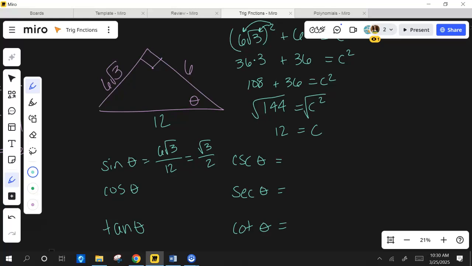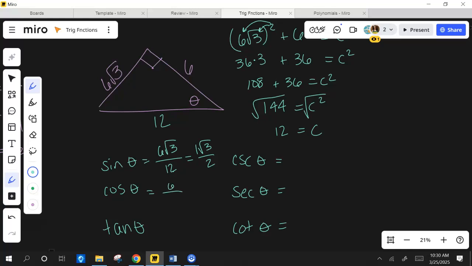Right. How about the cosine of theta? 6 divided by 12 is 1 over 2. Divide both of them by 6. All right, cosine is what? What's adjacent? 6.